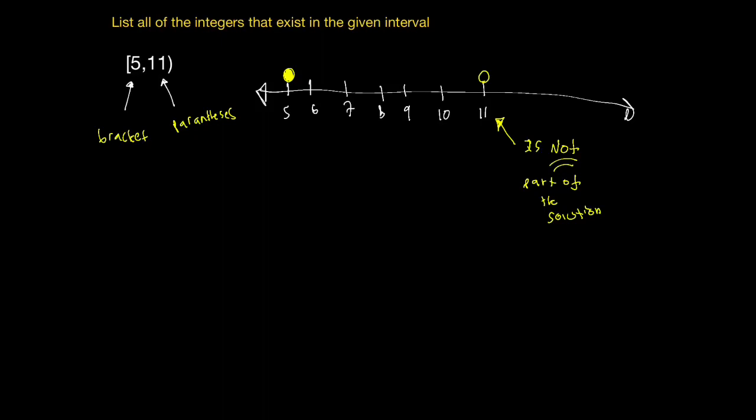Now, in order to write the solution set, we're going to begin with 5 because we have a closed circle, which means it is part of the solution. We're going to write 6, 7, 8, 9, 10, and we will stop at 10 because that is the final integer that's a solution to this set.